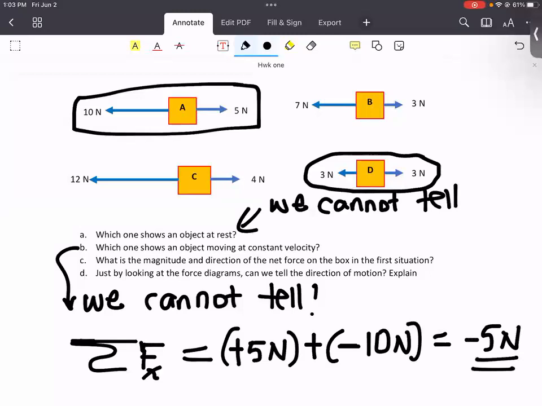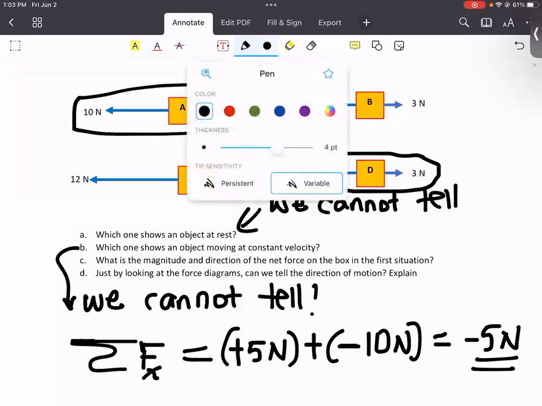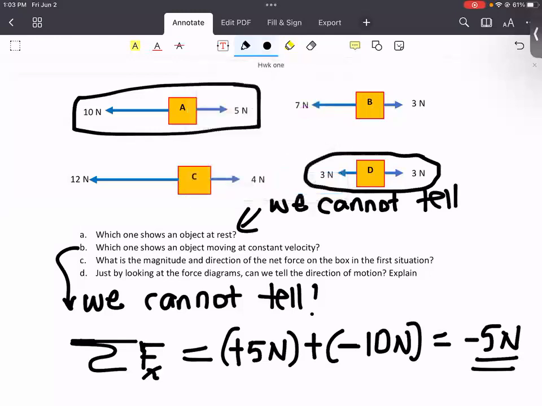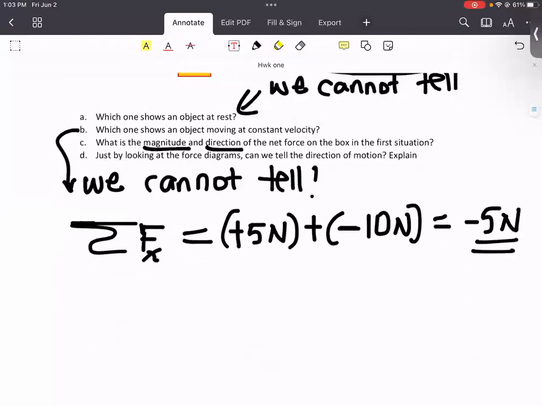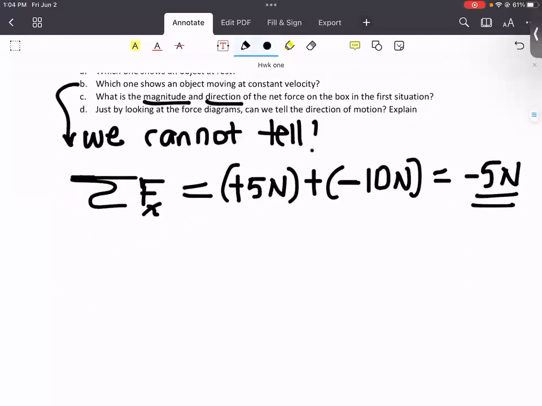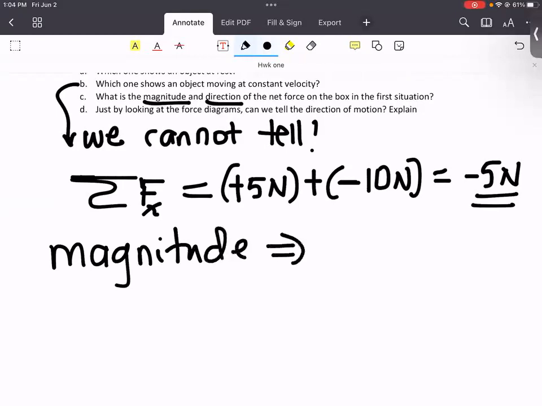To answer the question fully, they're asking what's the magnitude and what's the direction? So we're going to answer the question by saying that the magnitude is actually 5 newtons.